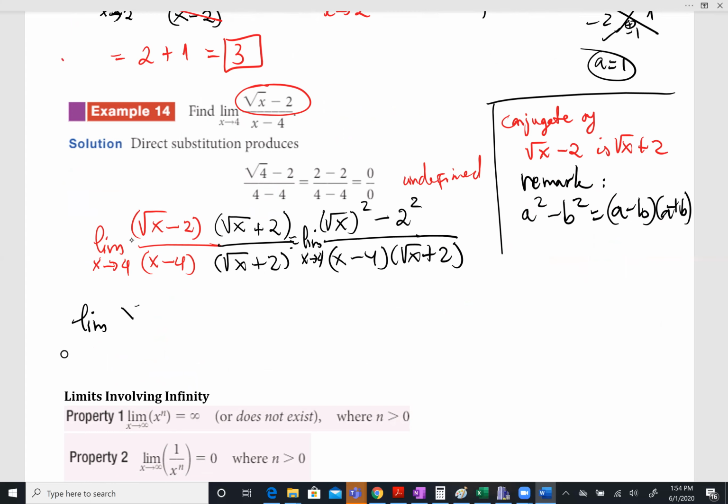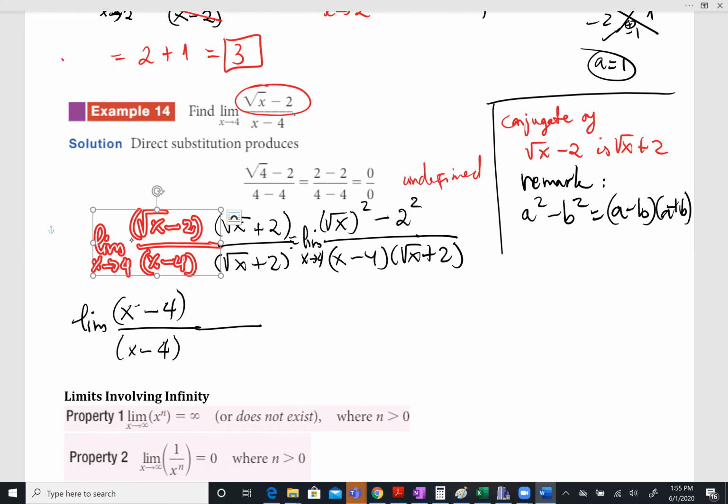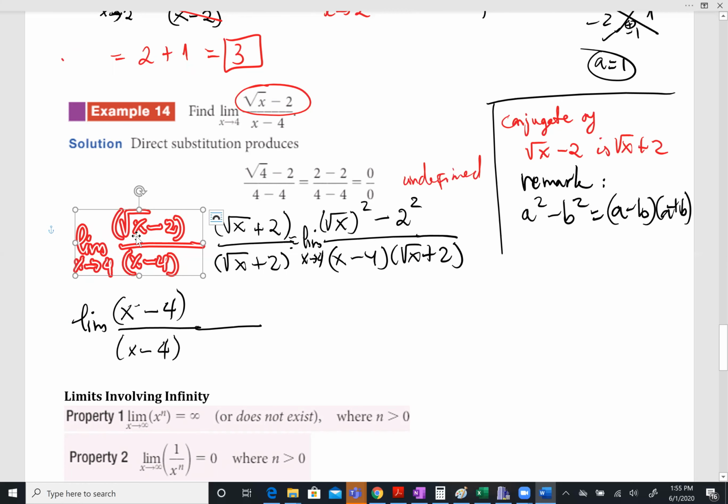Top is gonna be what? Square root of x squared is gonna be x, minus 2 squared is gonna be 4. So the top is gonna be x minus 4. The bottom is gonna be x minus 4. Don't ever do distribution for this one, because you are trying to cancel something for the factor.